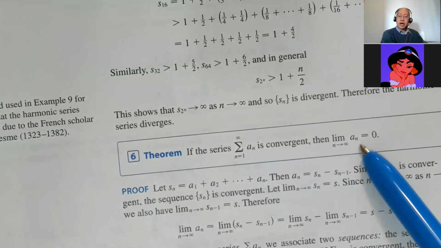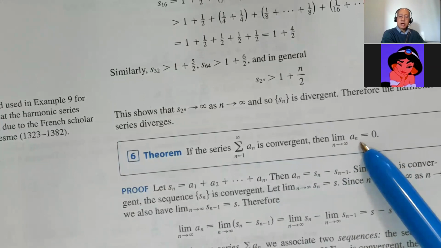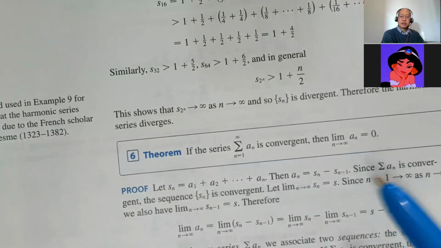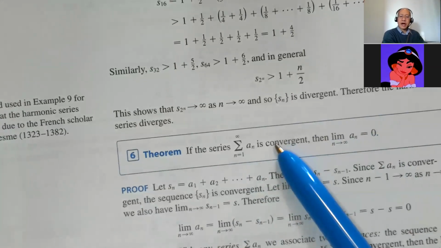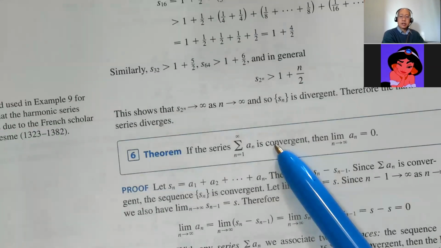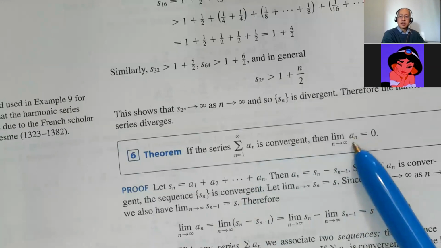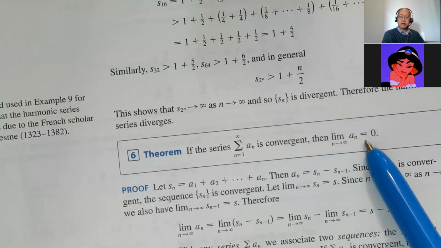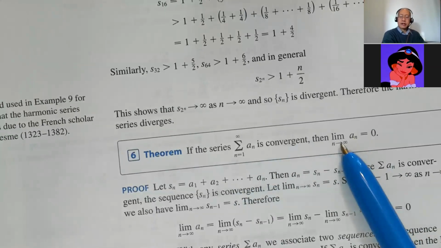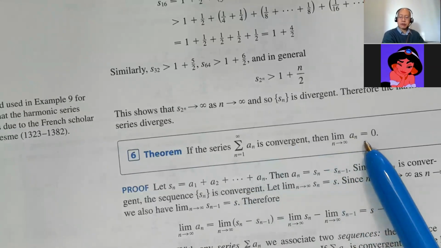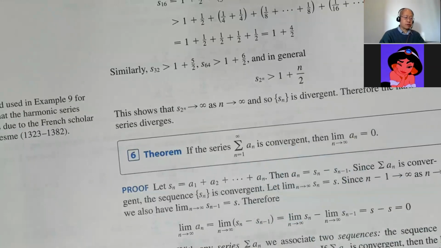The logical contrapositive of that, contrapositive in logic, means turn the if and then around and put nots. It's always logically equivalent to the original statement. So if the series converges, the limit as n approaches infinity of a sub n equals 0. Turn it around and negate. If the limit as n approaches infinity of a sub n is not 0, the series diverges.